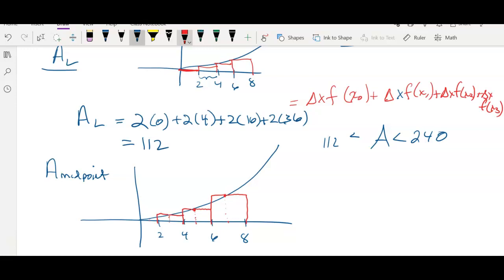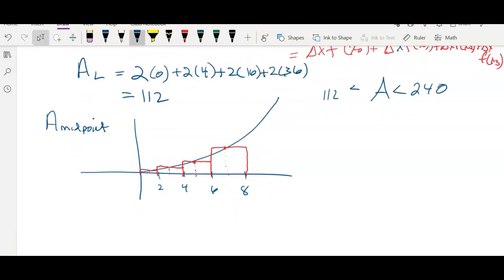This one gets really tiny. Draw your rectangle. Why is this a better approximation? You got some over that will hopefully balance out those that are under. Does that make sense?